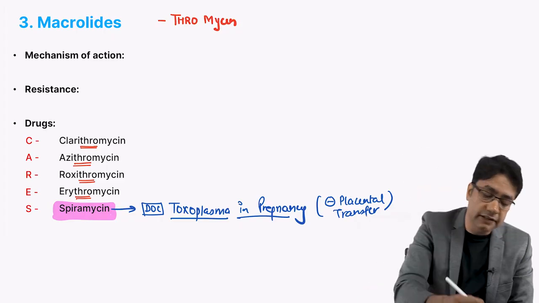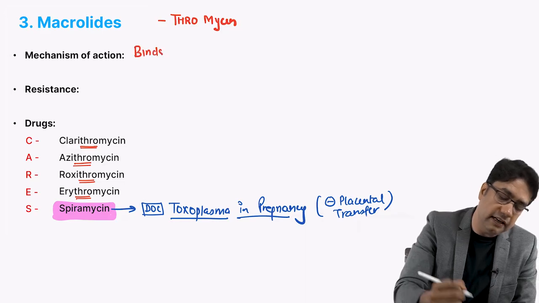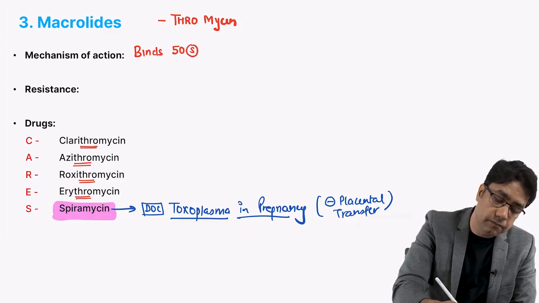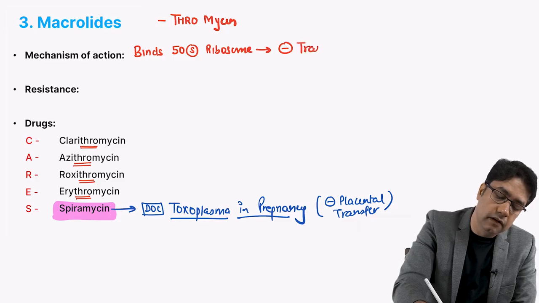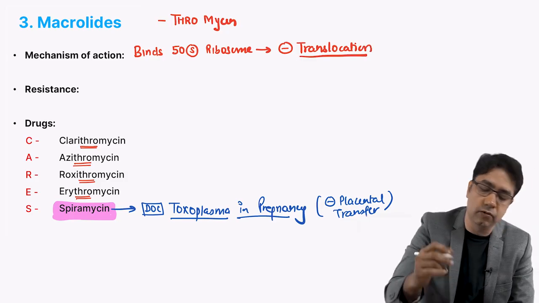So let's come back to macrolide. What was their mechanism of action? We remember macrolides like erythromycin and azithromycin bind to 50S ribosome and inhibit translocation of amino acid. So from A site to P site, amino acid will not translocate.